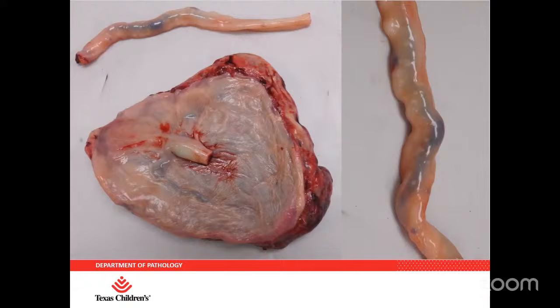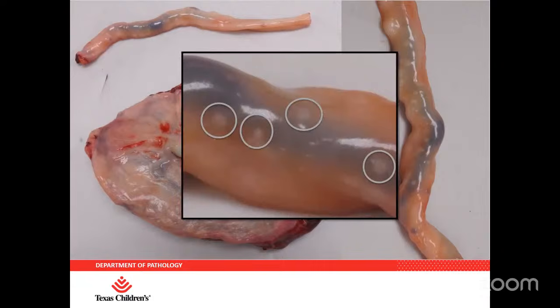However, what immediately stood out on examination of the umbilical cord was the diffuse yellow discoloration and the presence of these scattered white-yellow plaques around 1 to 4 millimetres in size that were present on the cord surface. And this appearance is highly suspicious for Candida infection.